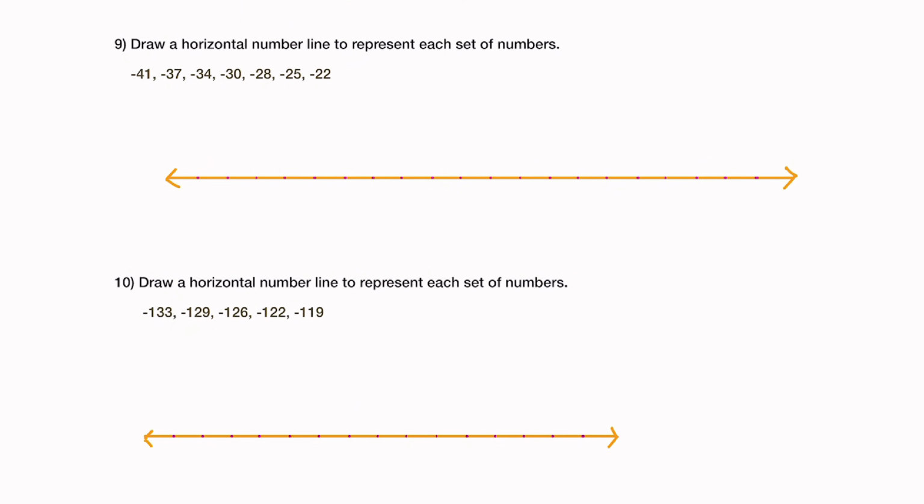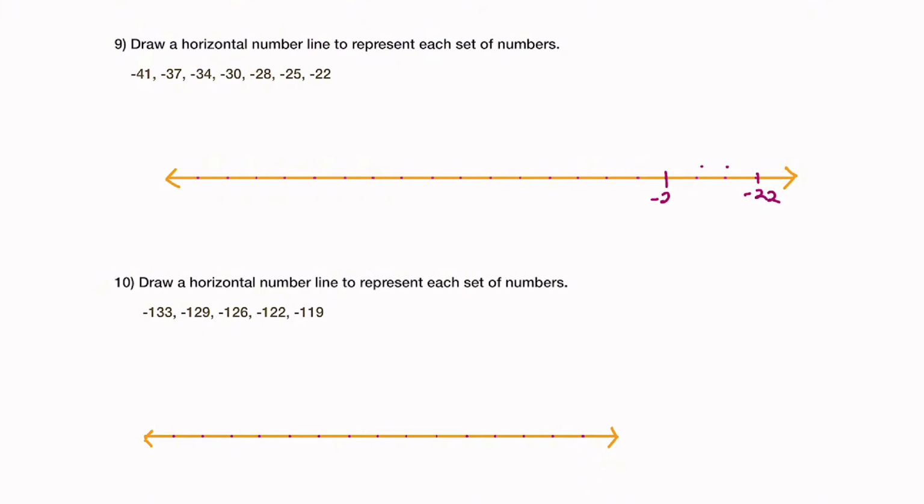Question 9. Draw a horizontal number line to represent each set of numbers. So my number line is ready here. I've taken 1 centimeter as 1 unit. So we just got to mark the numbers that are given. So let's start marking here. So that's going to be minus 22. That's 23, 24.